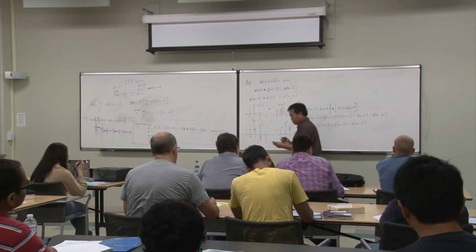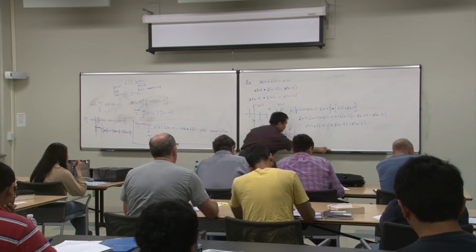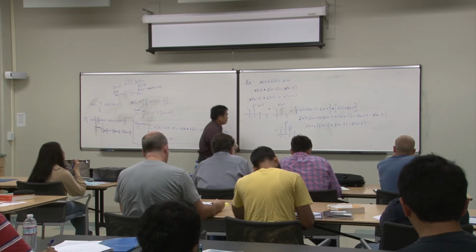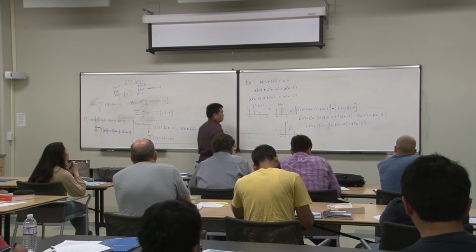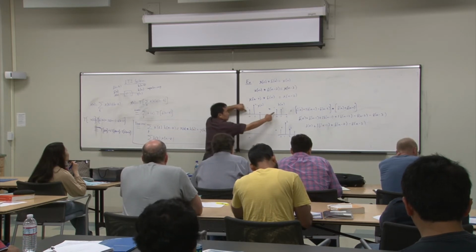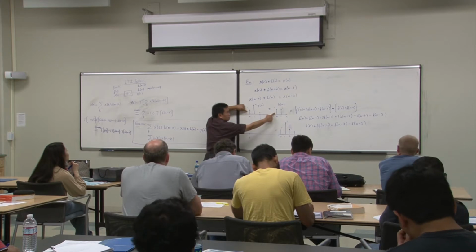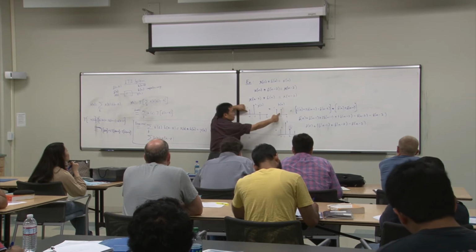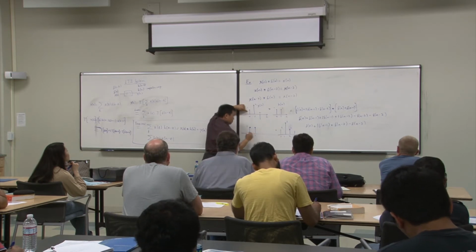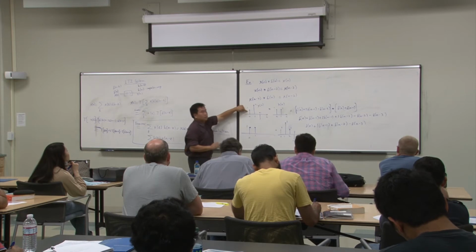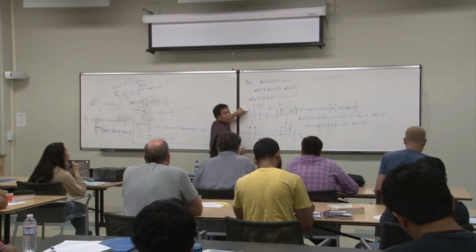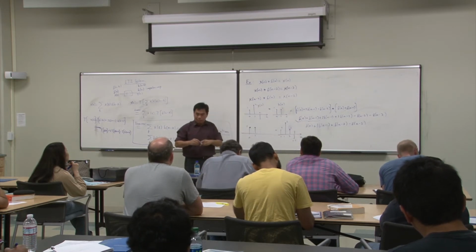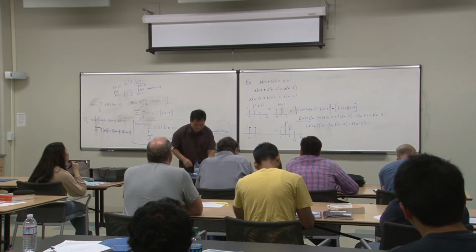So let's go back and do it again. Erase this, and do it again. What is that convolution? Now, this guy. Any questions? Color code.